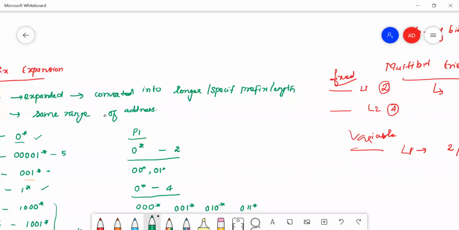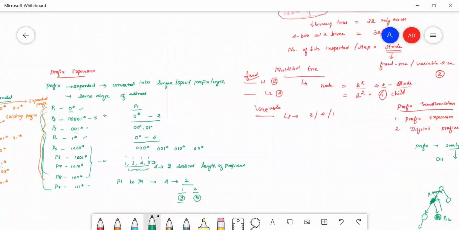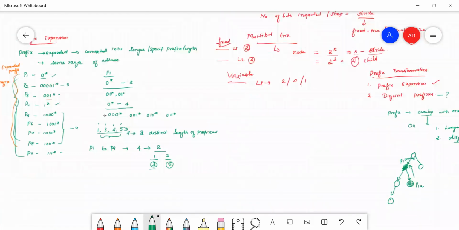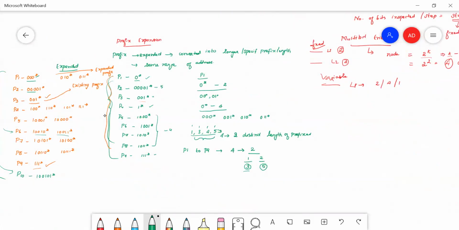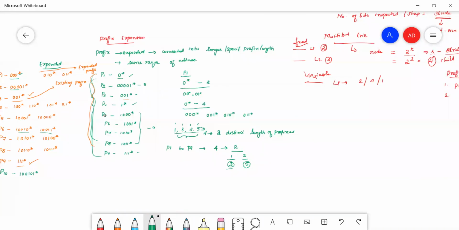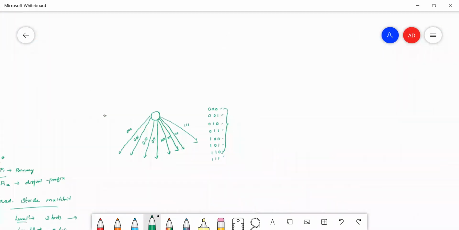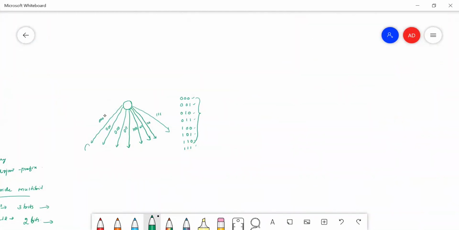Okay, so we can see from the expansion that 000 is from the expanded prefixes. You can see expanded prefix 000 is now P1, prefix P1, right? So we can move to prefix P1. That is a prefix, so we have to shade it.